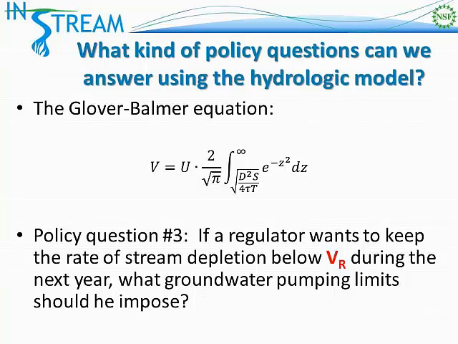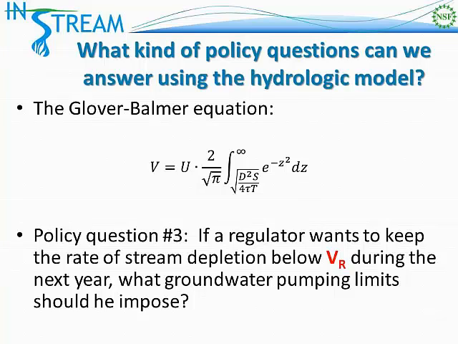And then if we have information on the well, specifically the distance of the well from the stream, the storativity of the aquifer that the well is pumping from, the transmissivity of the aquifer that the well is pumping from, and we know that we're talking about stream depletion over the next year, so capital T here would be 1 year.